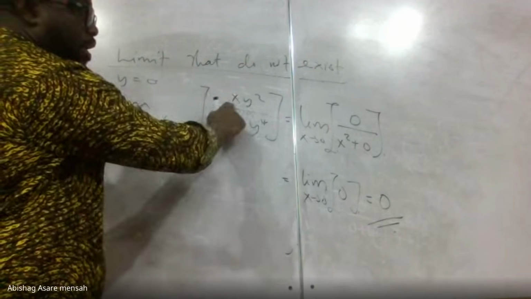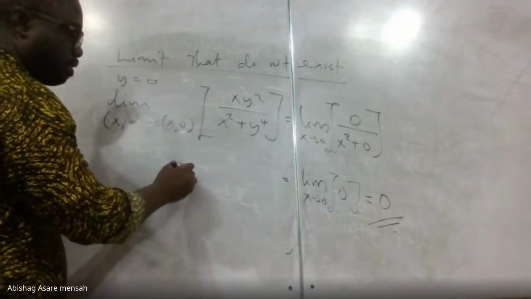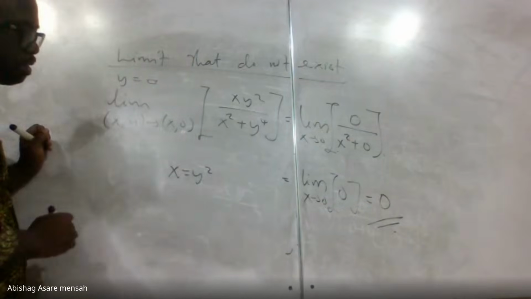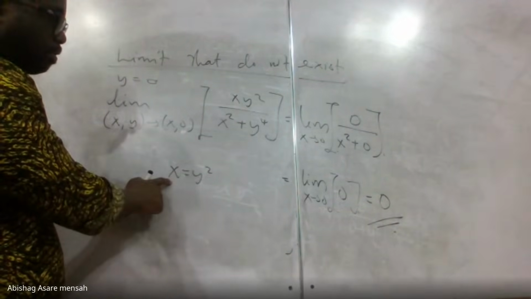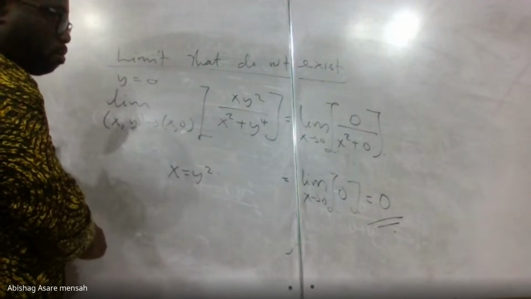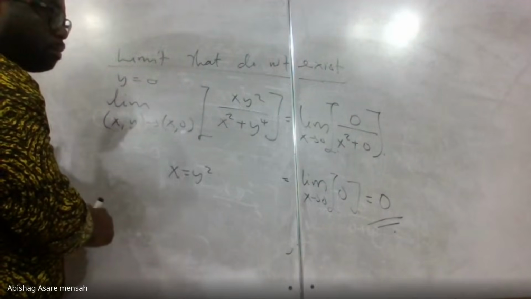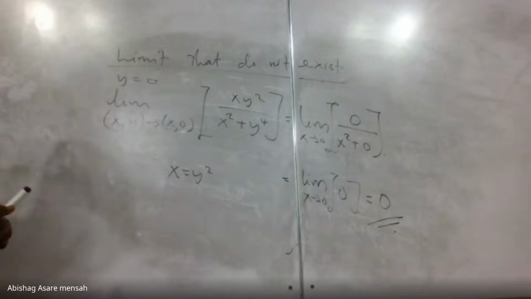So the 4 will be here. If x is equal to y squared, wherever you find x, you put y squared there. That one will work. So let's set that one, then find the limits.